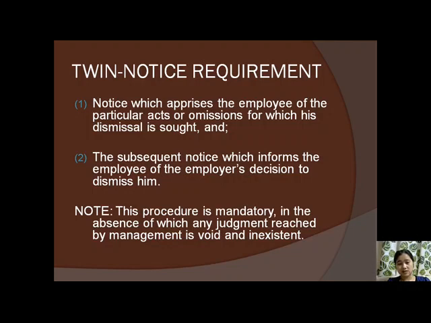In other words, the second notice is the notice of termination, or notice of decision to terminate. So this procedure is mandatory. In the absence of which, any judgment reached by management is void and inexistent. So non-compliance with this twin notice requirement will result in a void decision.